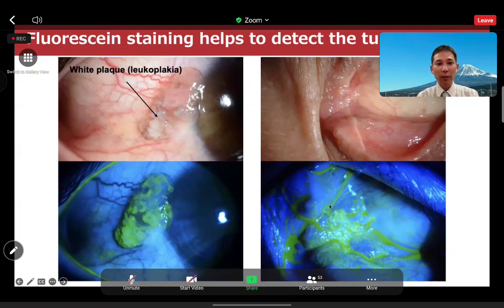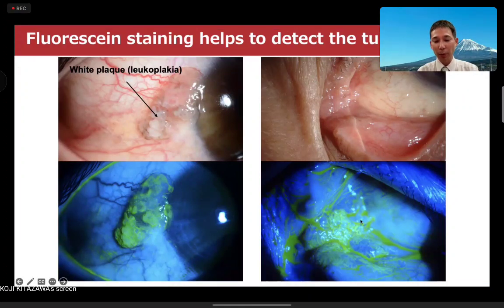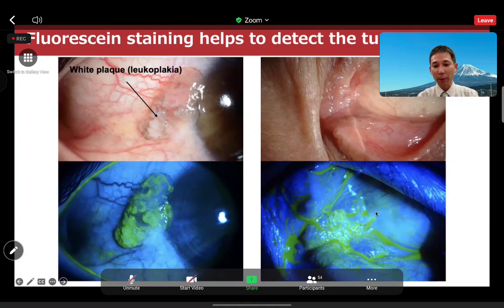In that case, the fluorescent technique helps, because by staining with fluorescein the tumor margin is easy to see. We also usually use lissamine green instead of the fluorescence technique, because it is easier to find out how big the tumor is.